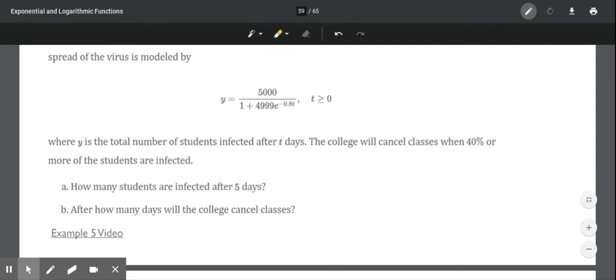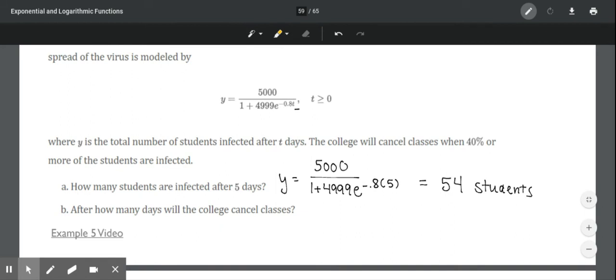So after 5 days, we need to plug in a 5 for T. So we would say Y equals 5,000 divided by 1 plus 4,999 e to the negative 0.8 times 5. And then when you actually calculate that, you get about 54 students.